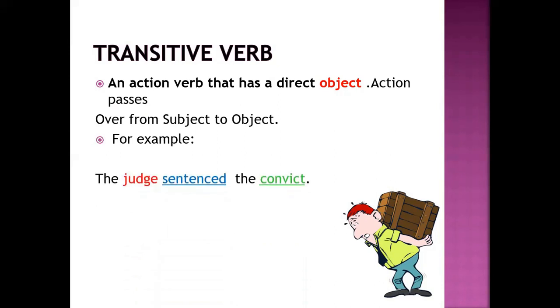For example, the judge sentenced the convict. The judge sentenced to whom? The convict. So this action is lying on whom? On the convict, the object. So if an object is given, or we say the action passes over from subject to object, then what do we call it?